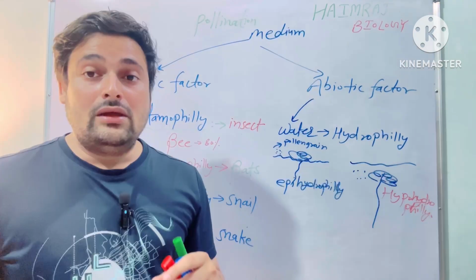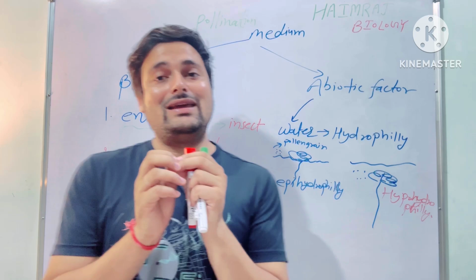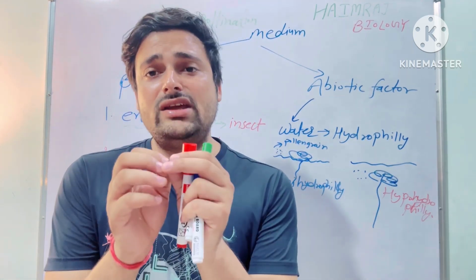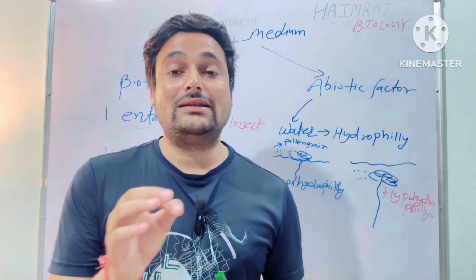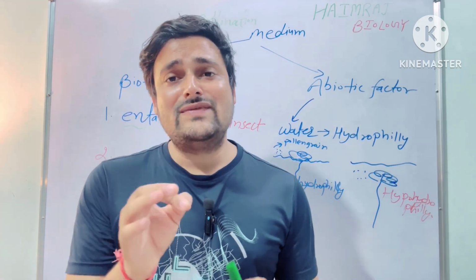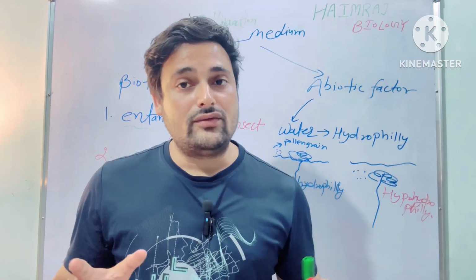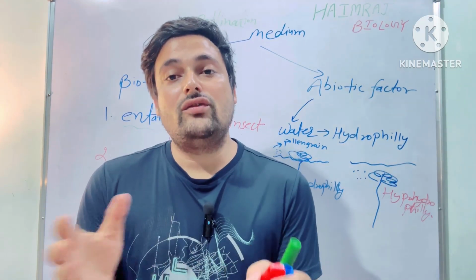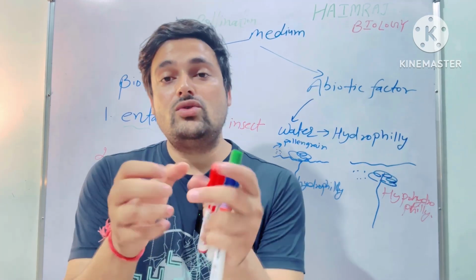Now you have to take care of one thing: if you are completing your pollination by biotic factor, then you have to make sure that your flower is very attractive and very colorful, because you are going to need many kinds of animals or insects to attract them.